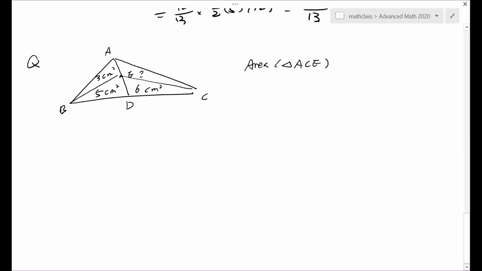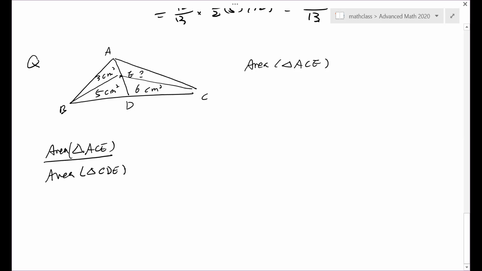Does anyone have ideas? This is a little bit more complicated than the above one. You have to use 2 pairs of triangles. First of all, let's see, this is the area comparison. The triangle ACE: I look at the 2 triangles on the right hand side and the CDE.